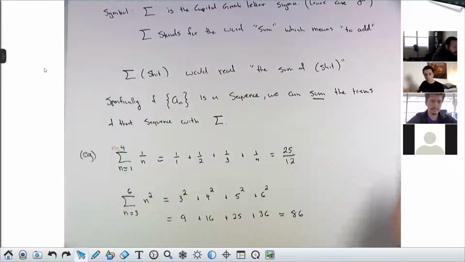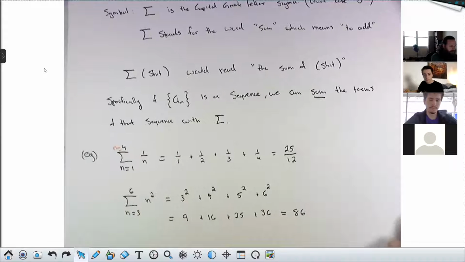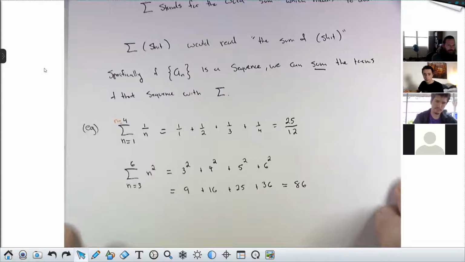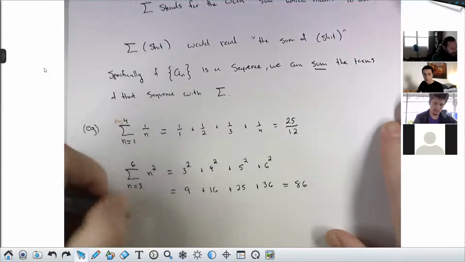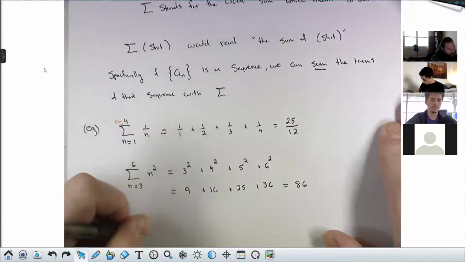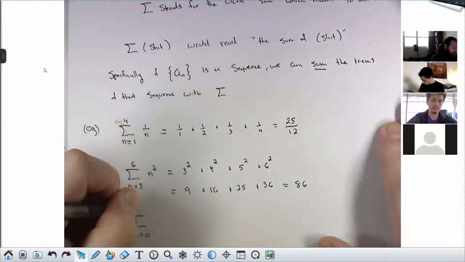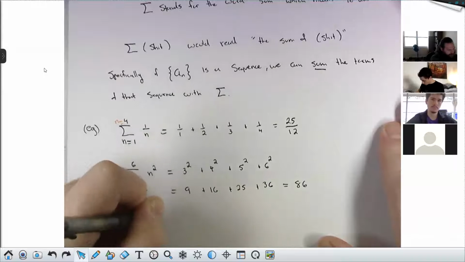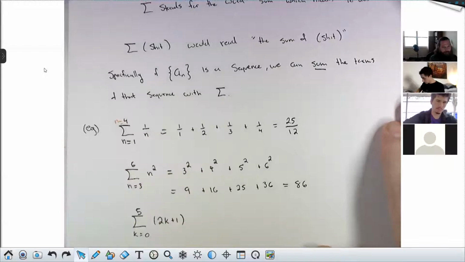We can go back the other way also. Let me do one more like this. The sum from k equals 0 to 5 of 2k plus 1.